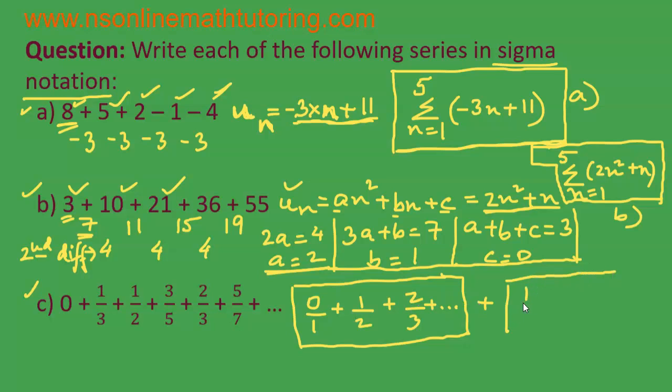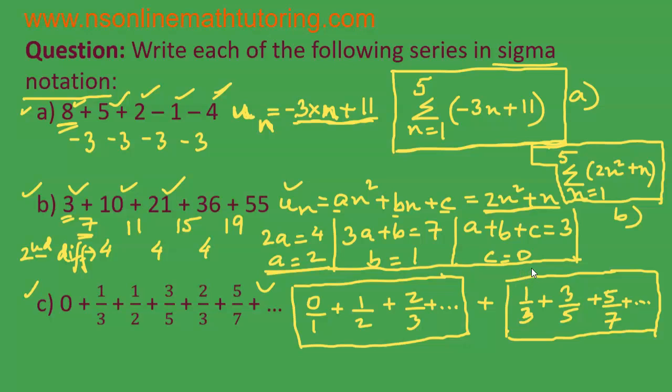It can be 1 over 3 plus 3 over 5 plus 5 over 7, and so on. So one way is to separate this single infinite series into two infinite series and write the sigma notation for each of these two series. That is definitely one of the ways.